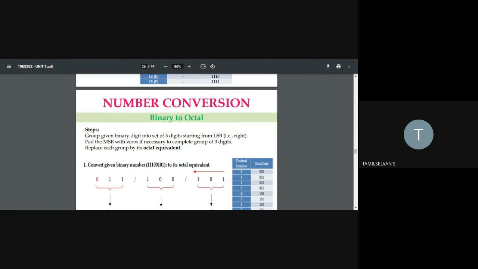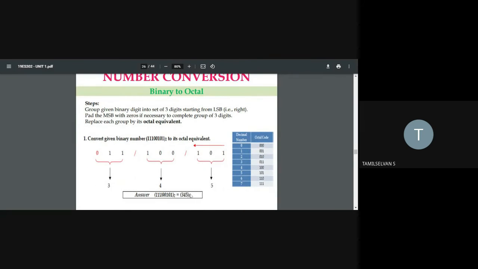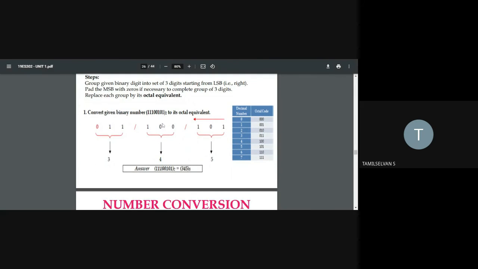I can separate it into 3 digits because the octal number contains only 3 digits, so I can separate 3 digits from the right end in this binary number.